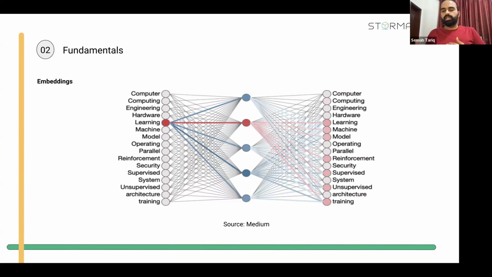Upon providing the test data on the right side, we can clearly see that our embedding model has successfully linked the word learning from the left-hand side to other words on the right-hand side, such as machine, supervised, unsupervised, and we can see that these are similar-looking words, similar to the learning we trained our machine learning model on in our training data.